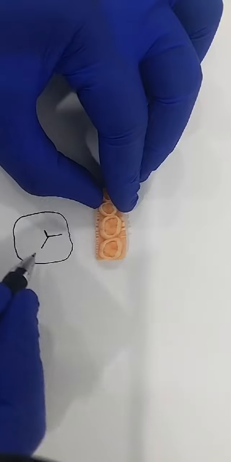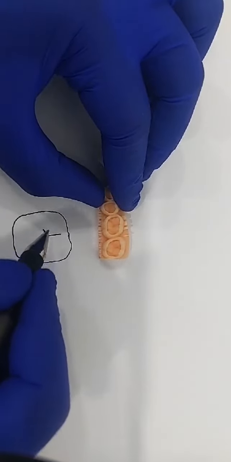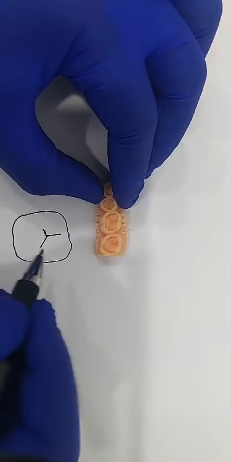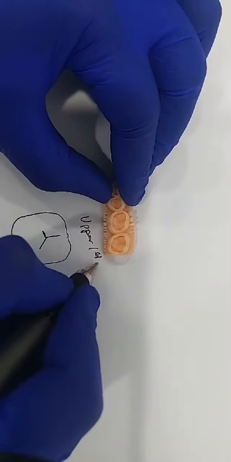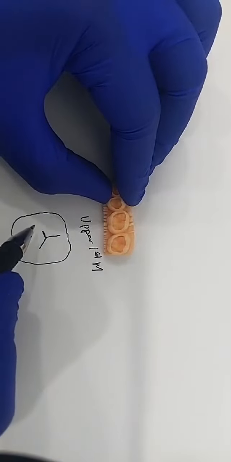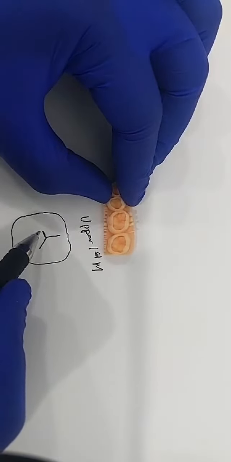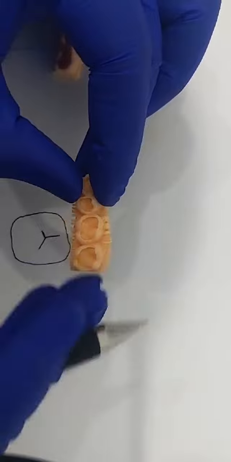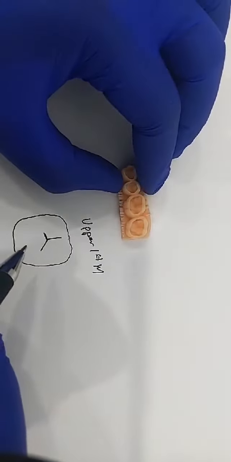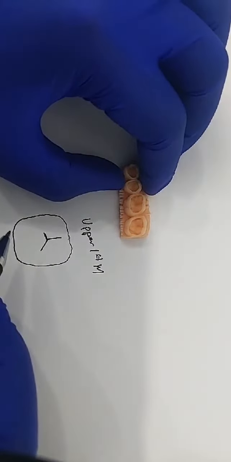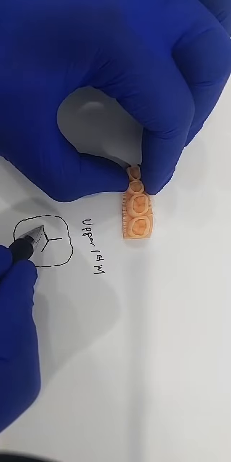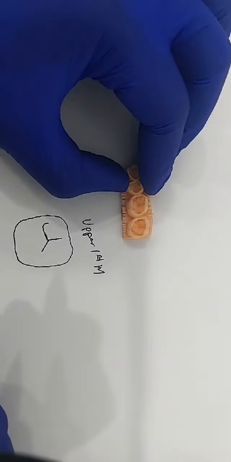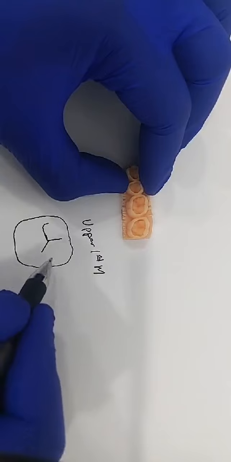Then we can play around a little. The most variation in an upper first molar is the mesobuccal cusp. It can get quite complex, so you can see there's a lot of variation just around there. But it's best to just keep it simple. If we just extend that and curve it up, that's probably the most basic you can do.